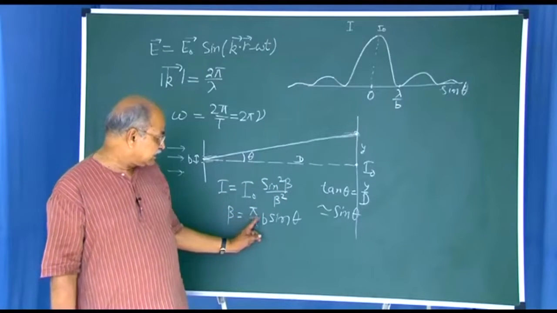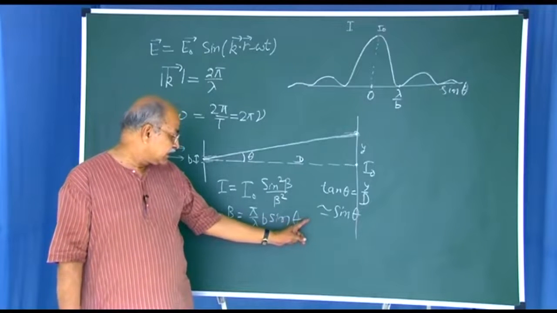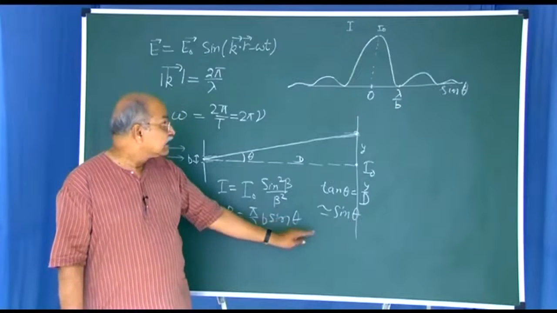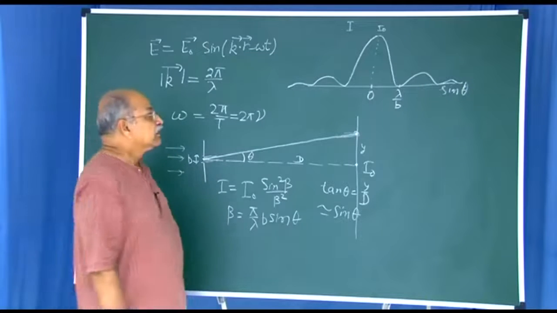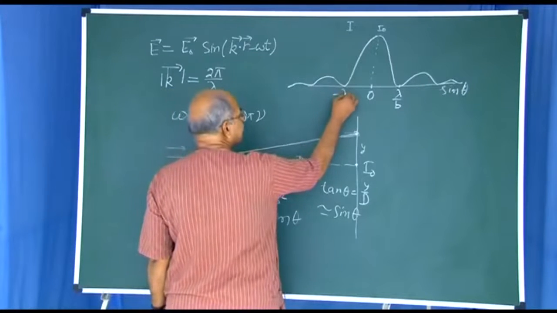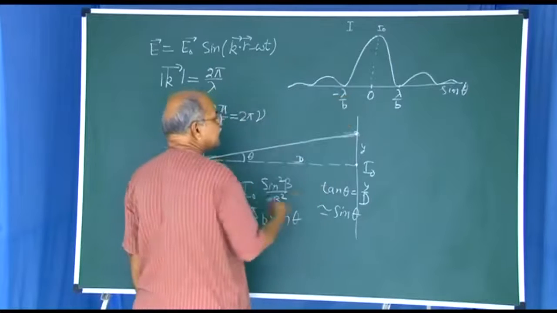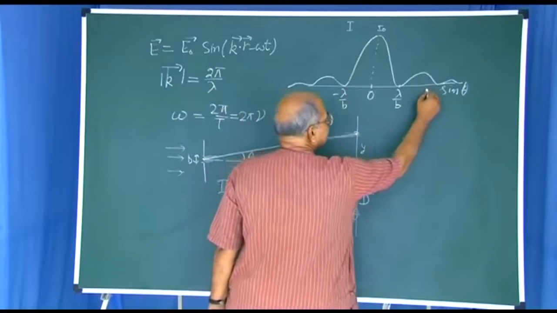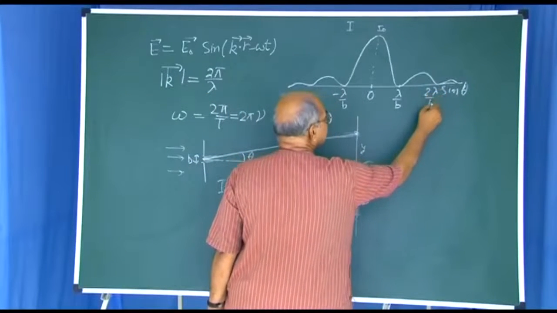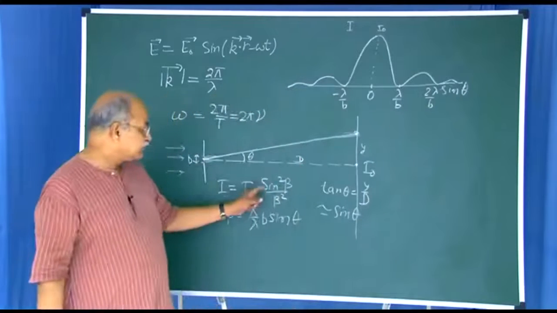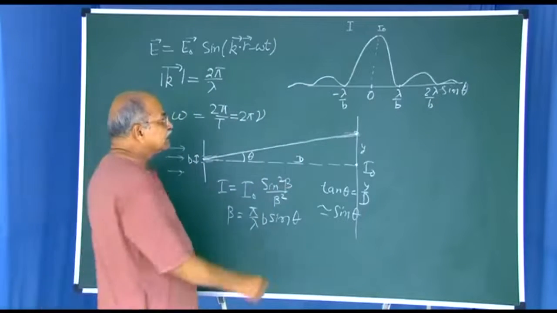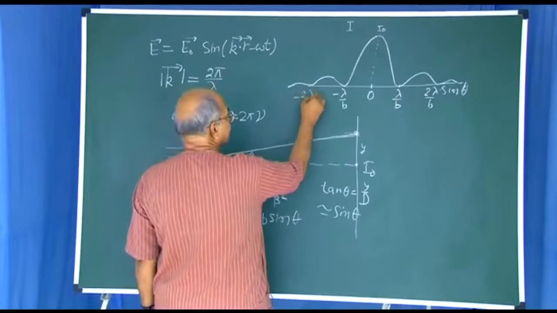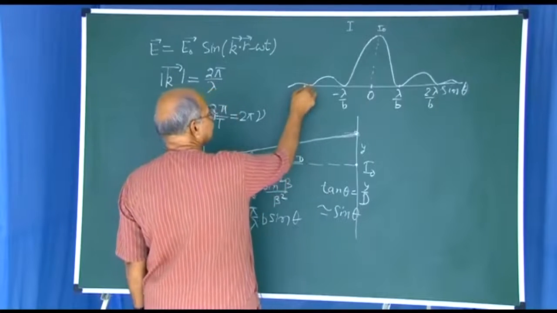So, beta is equal to pi, and therefore, sine theta is equal to lambda by b. On this side it is minus lambda by b, then this is 2 lambda by b when sine of 2 pi is 0, so beta is 2 pi, and so on, minus 2 lambda by b, and so on.